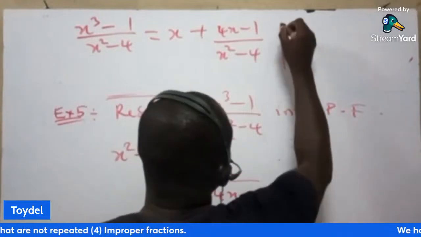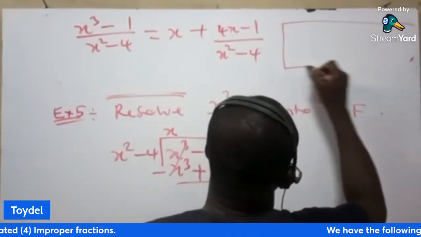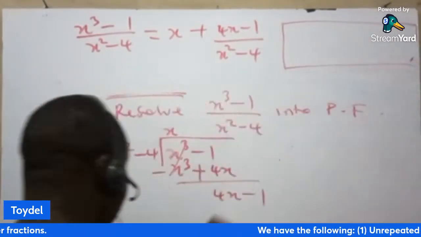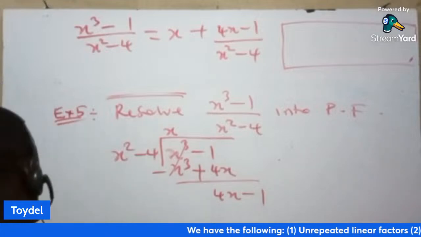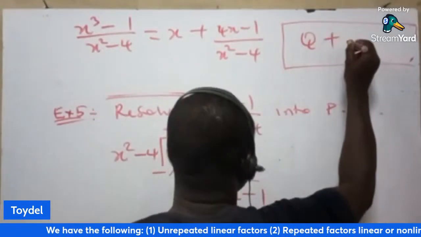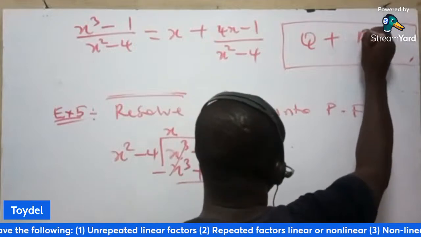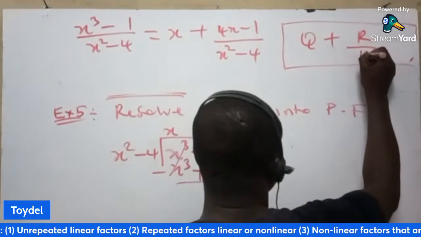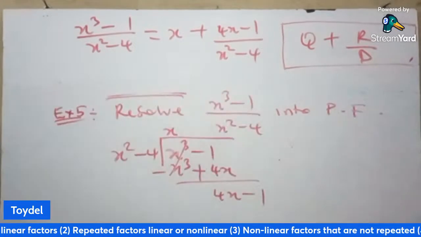That is, if you have partial fractions that involve an improper fraction, you say it is quotient plus remainder all over divisor. That is what you are going to get.